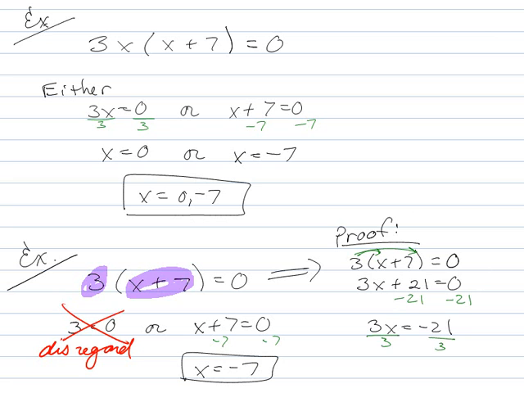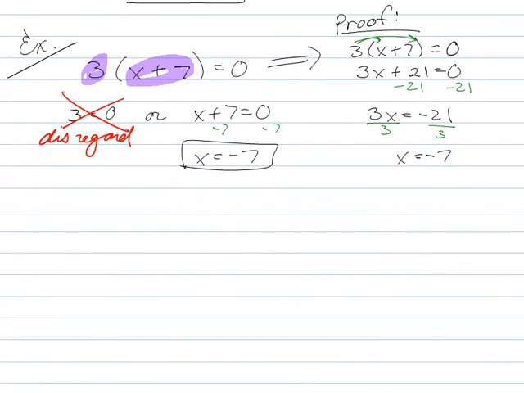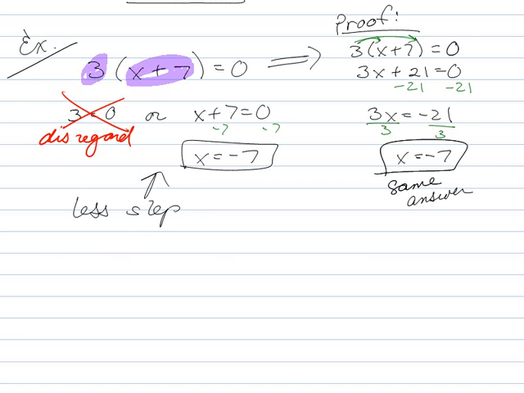Divide both sides by 3, and get x equals negative 7. So you see here, I get the same answer both ways, but one might say that this is easier because it takes fewer steps. So that's another option going forward. Fewer steps doing it this way, and it's all well and good.